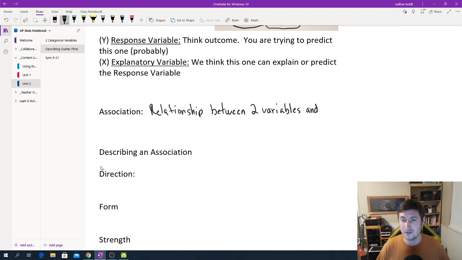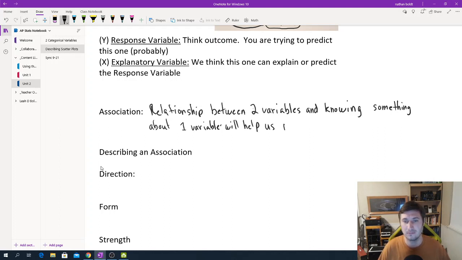And what we believe is knowing something about one variable will help us predict the other. All right, we think there's some sort of relationship. The association is the technical term for that.